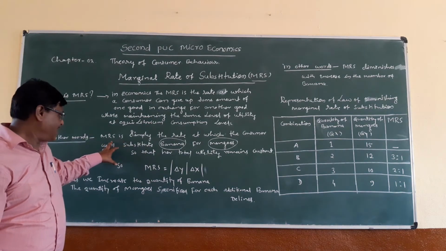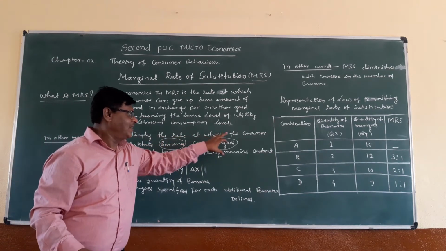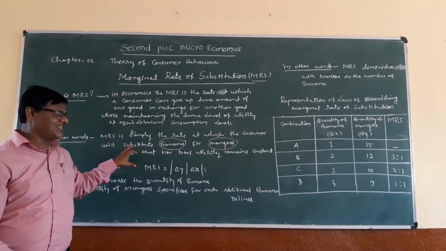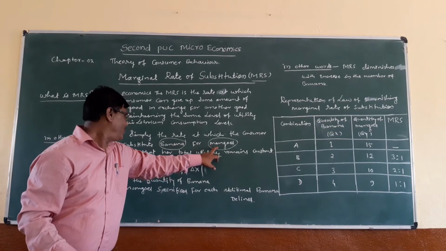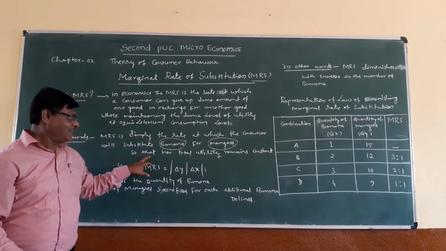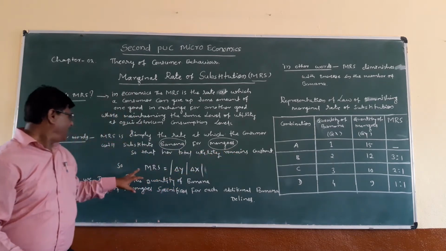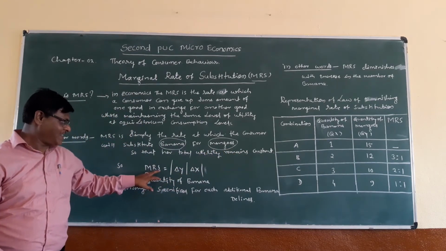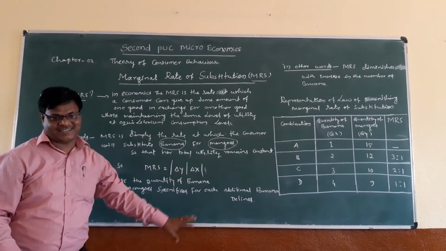MRS is simply the rate at which the consumer will substitute banana for mango, so that her total utility remains constant. So, the MRS is equal to delta y upon delta x.